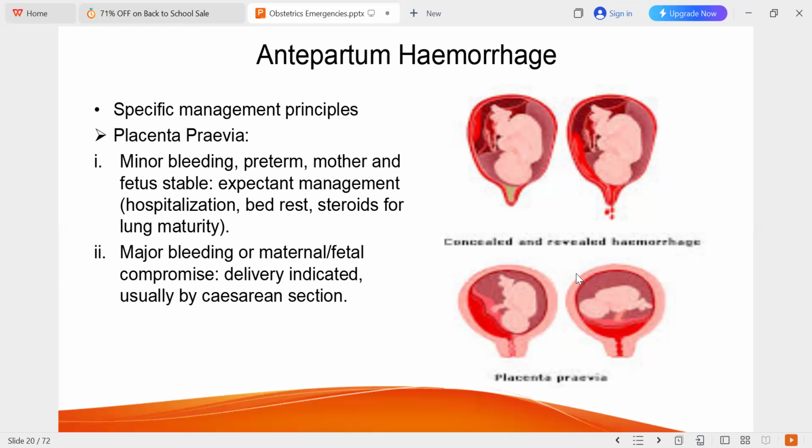And if the fetus is less than the age of viability, you want to give steroids for lung maturation and wait for the appropriate time of delivery. However, if the bleeding is major, resulting in either maternal or fetal compromise, you want to deliver the patient immediately by cesarean section. Obviously, you don't want the patient to go through labor.